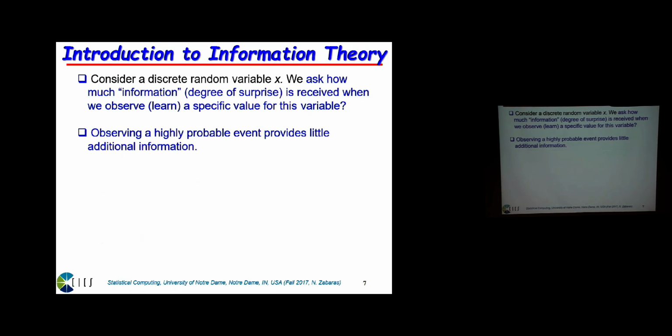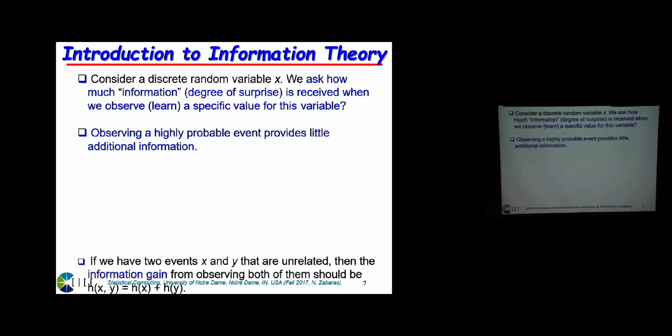If this value of x is highly probable, all right? Highly probable, is the degree of surprise high or not? If it's something that's going to happen 99% of the time, do you learn anything from it? No, so we need a measure that says that.